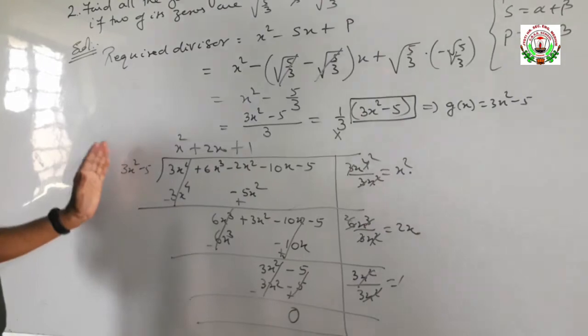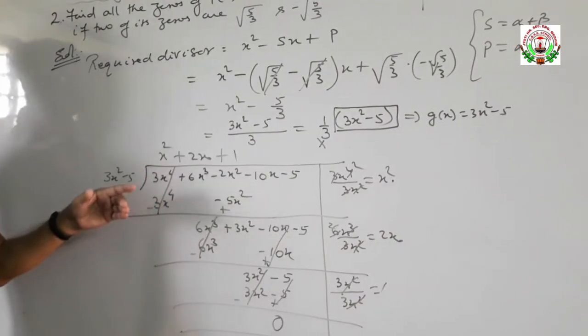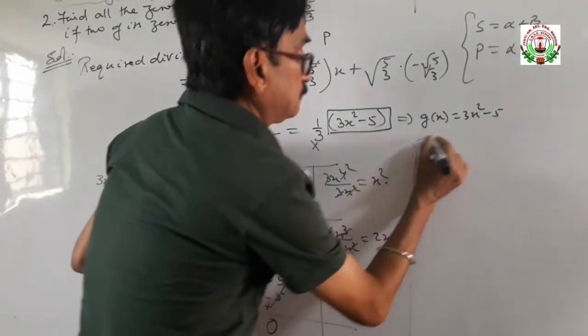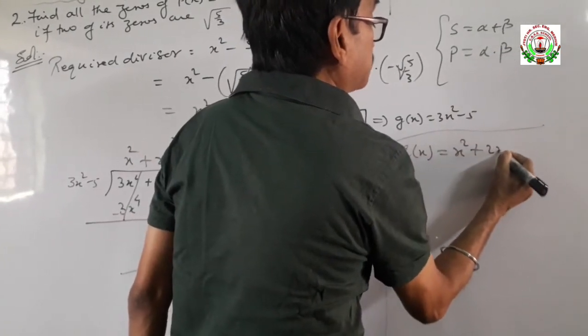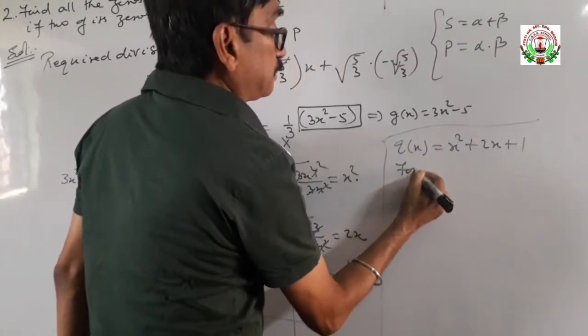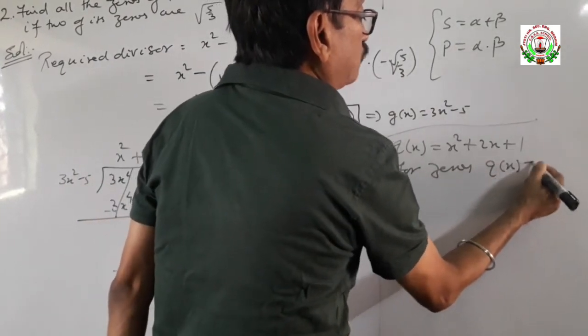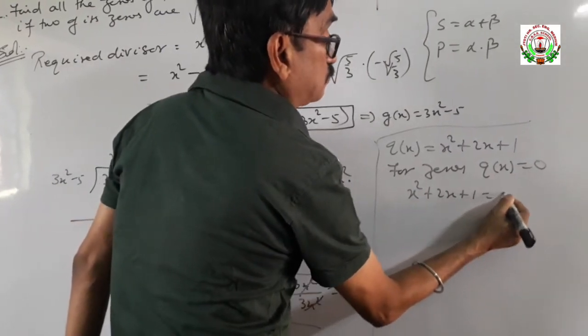Now for calculating the other two zeros of this biquadratic polynomial, we take this quotient. The quotient is q of x equals x square plus 2x plus 1. For calculating the rest of the zeros, we take q of x equal to 0. So x square plus 2x plus 1 equals 0.